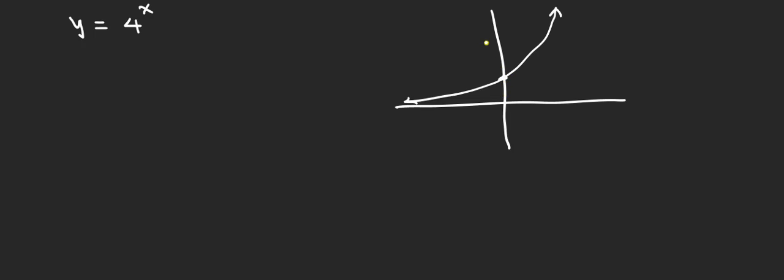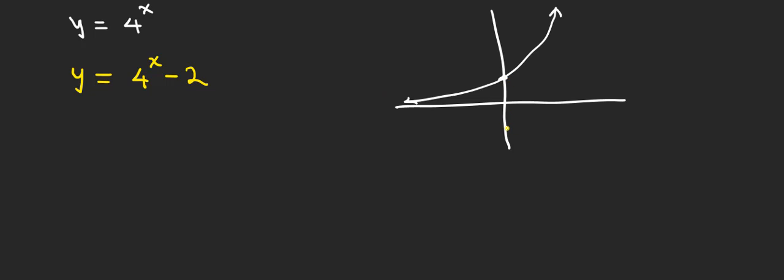Now, what if they want you to sketch y equals 4 to the x minus 2? Well, this graph will look like 4 to the x. Now, you're going to have a vertical shift. Everything's going to move down 2 compared to this.